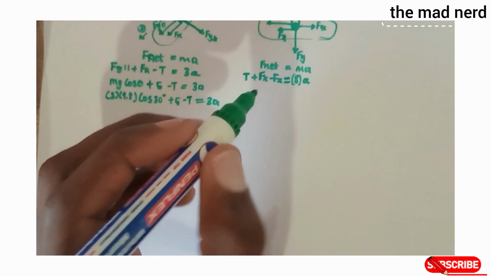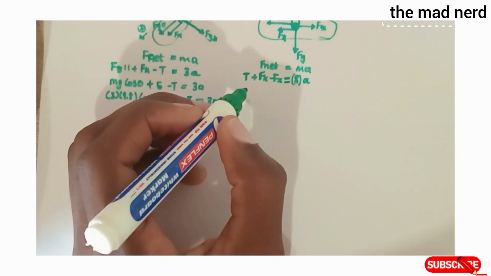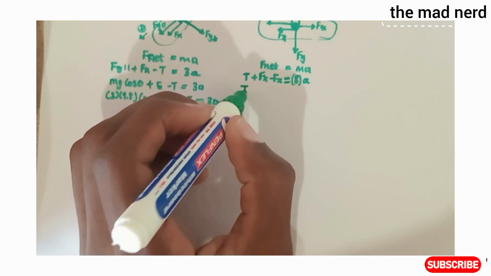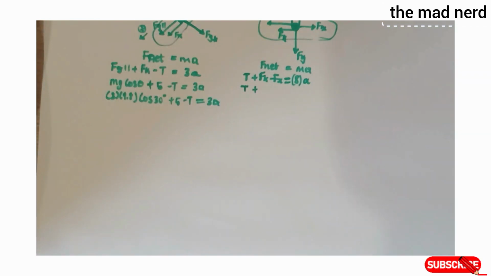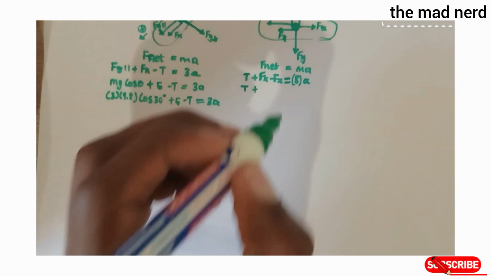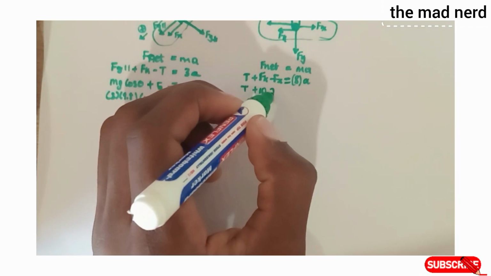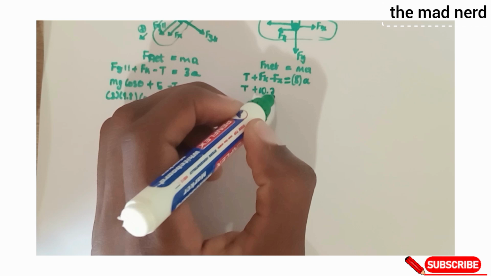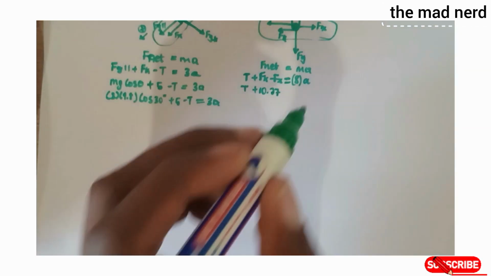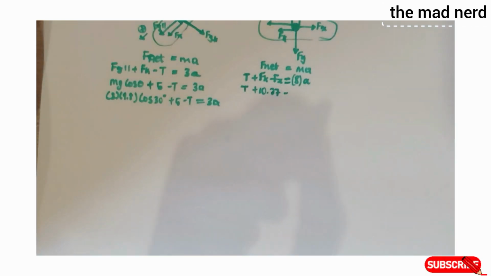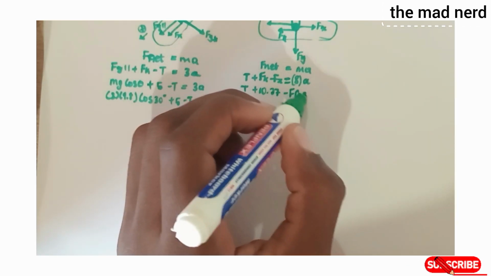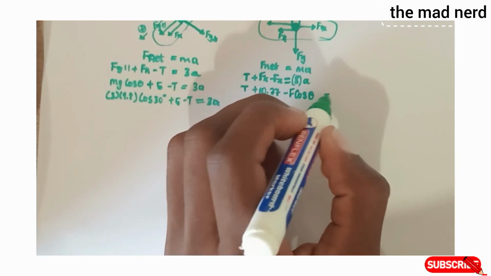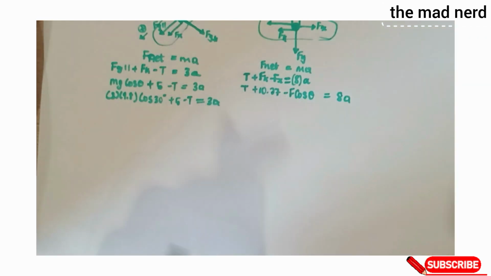And then let's do the same thing over this side. We don't have a tension. This is what we want. And then for the frictional force that we got in the previous question, it was 10.27 newtons, and then minus Fx, for which we can say F cos theta, which equals 8A.